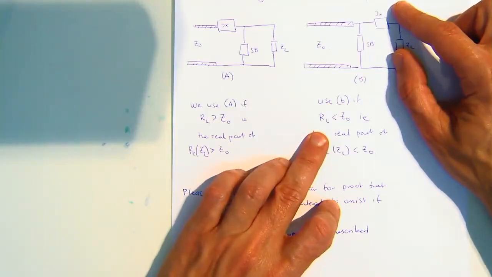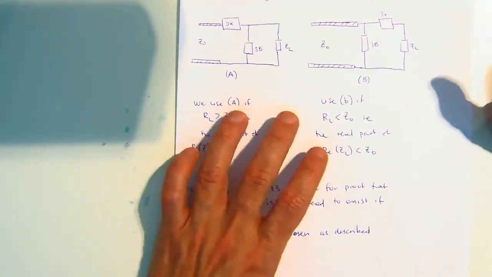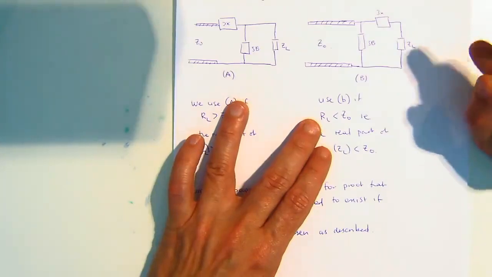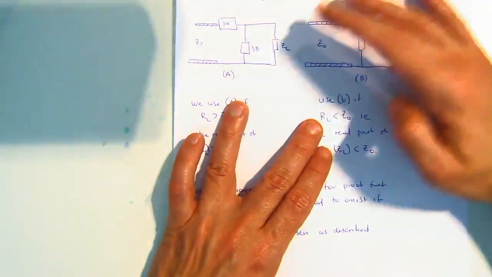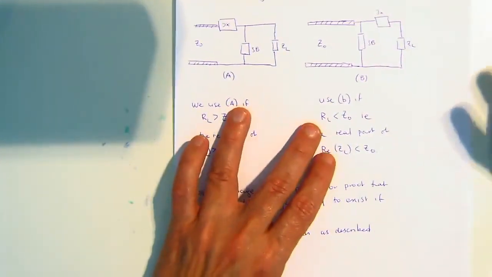So that's the motivation. There are two types of circuits you can configure if you're trying to do impedance matching using lossless components. If you're using just series shunt or shunt series, there are two options.